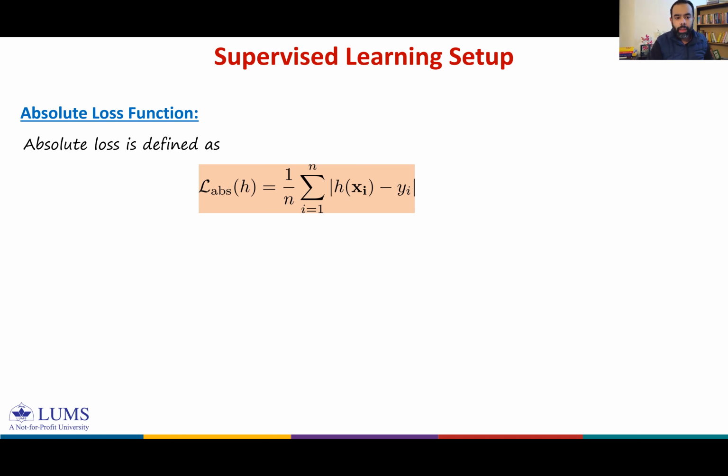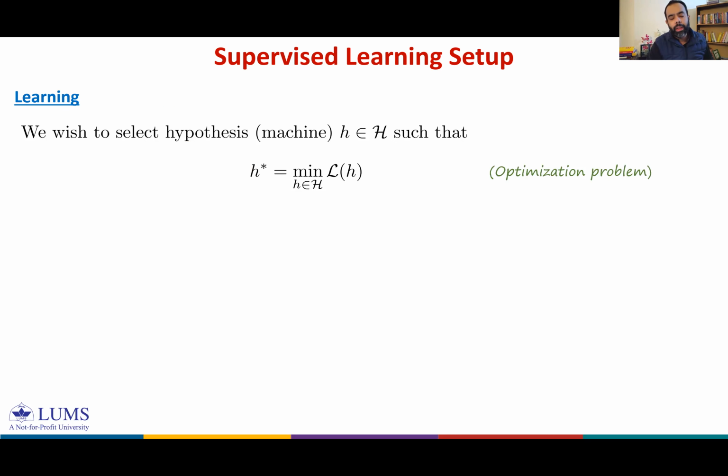So moving forward, let's formulate this learning problem in the form of an optimization problem. We wish to select a hypothesis from the hypothesis set H such that we pick that hypothesis function for which the loss is minimized.